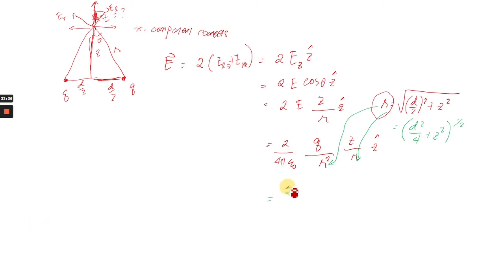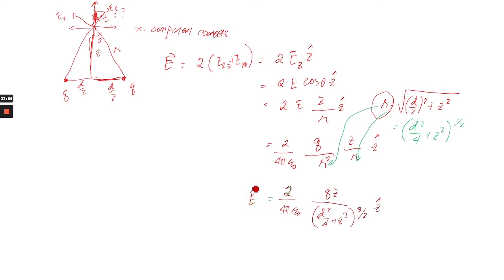It becomes 2 over 4 pi epsilon naught Q Z over d squared over 4 plus z squared to the 3 halves.